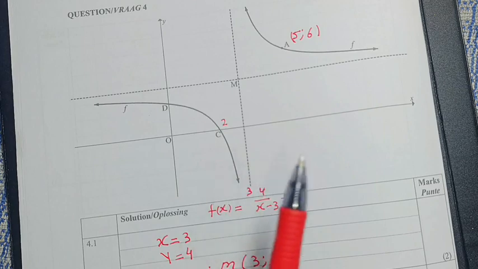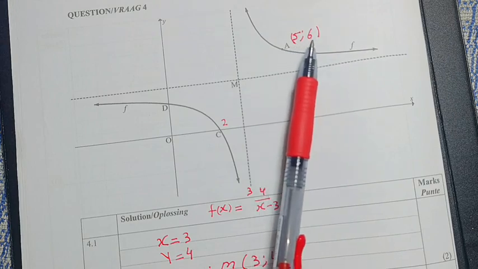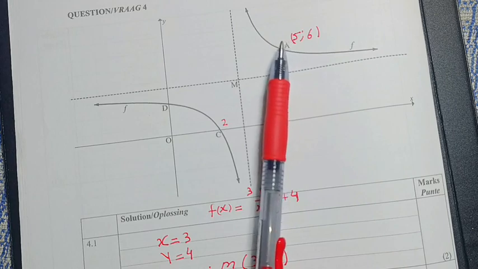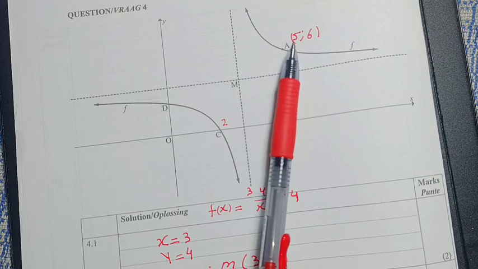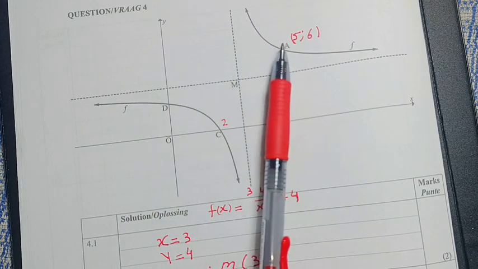So now, point A is (5, 6). The reflection on the y-axis means we change the x, so the positive 5 becomes negative 5. So A prime is going to be negative 5.